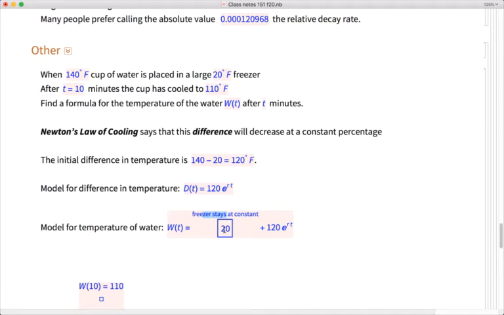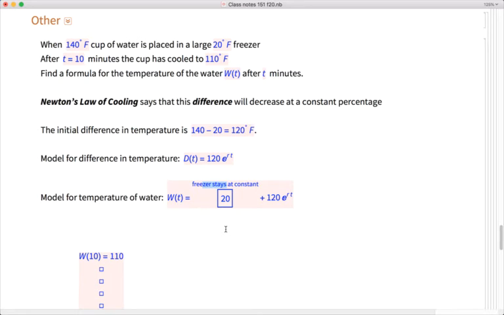Okay, so working out the model takes one more step to deal with this difference issue. But now we're just going to apply the additional information that we were given. So this sentence right here in symbols translates to W of 10 equals 110.